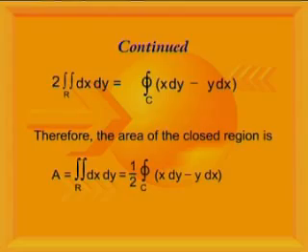Please note this result. So whenever P is equal to y and Q is equal to minus x, and if we integrate this around a closed curve C, then always we are getting twice the area of that region bounded by that closed curve.